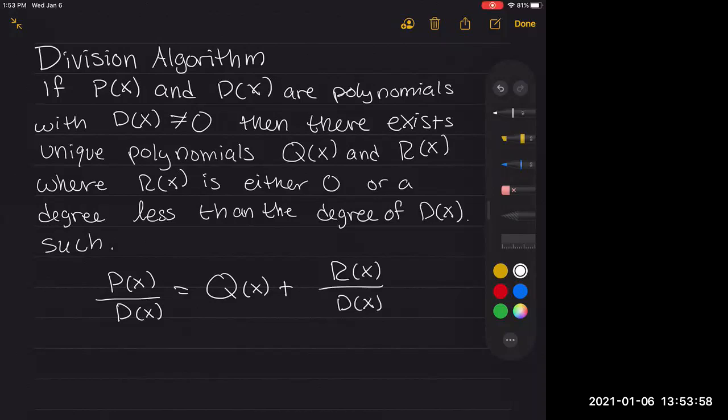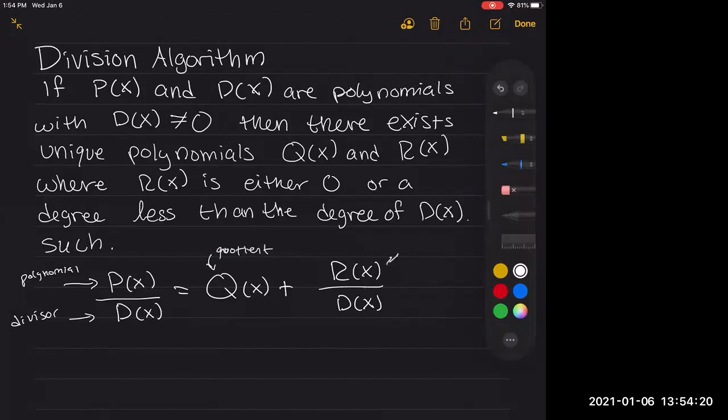So the reason that we gave them these letters is because we have our polynomial P, our divisor D, and then Q is our quotient. Whoops, it's a U there, I promise.